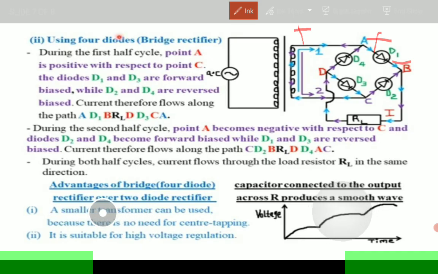Also, this bridge circuit is suitable for high voltage regulation where you need to handle higher voltage. It is possible to do that because we have a number of diodes in the circuit.